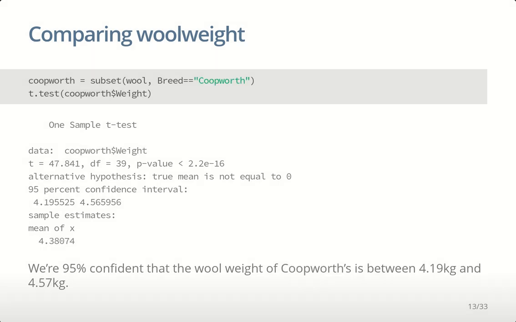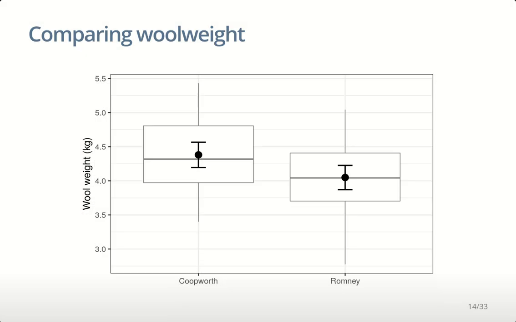So there are values, such as 4.2 or 4.21, that are consistent with both the Coopworth and Romney intervals. You can see it here, just through there, there's a value of about 4.2-ish that is within the confidence interval for the Romneys, and is within the confidence interval for the Coopworths.